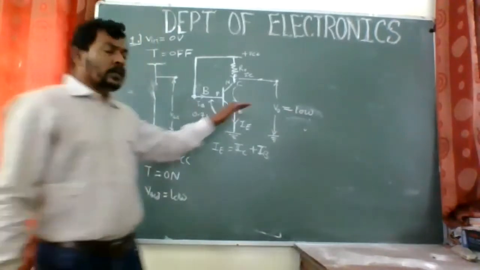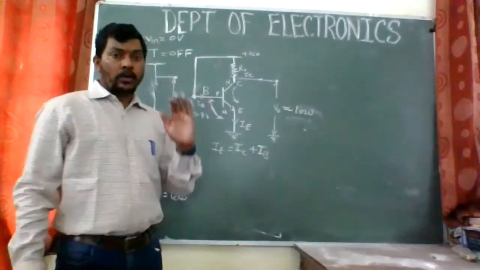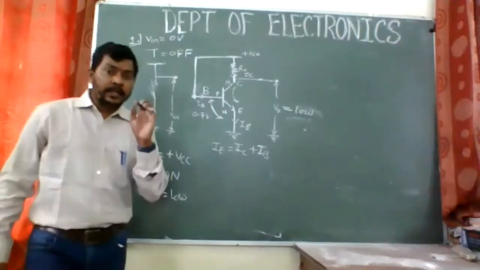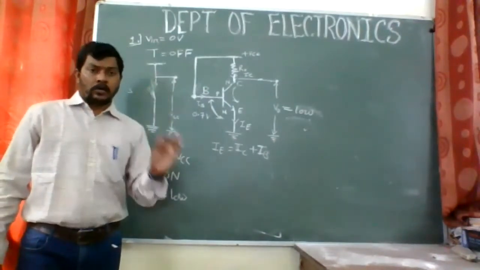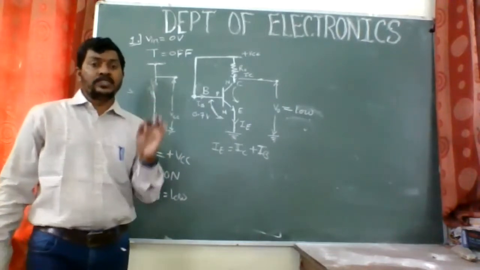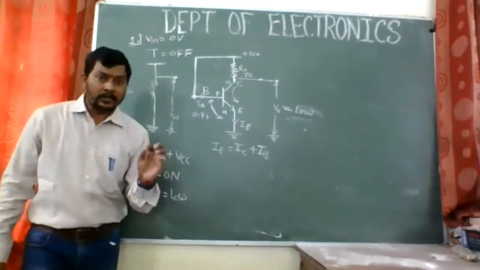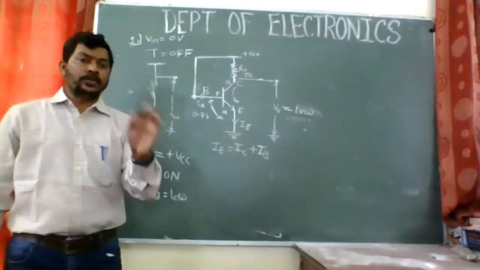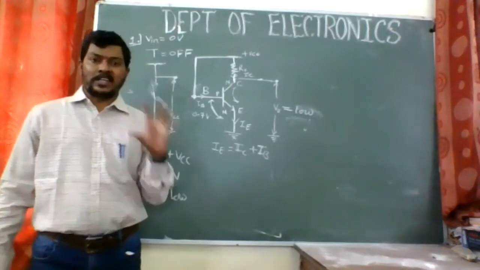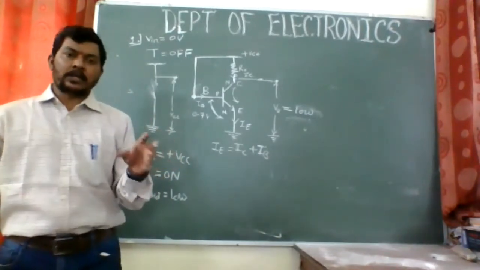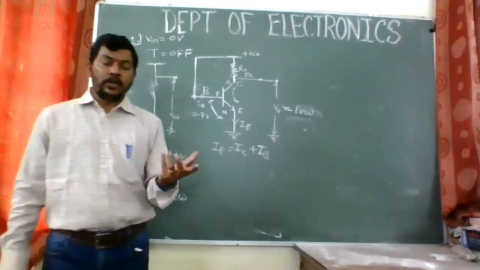Whenever you have to see whether a transistor is working or not, this is a point which I need to tell you in this class, because in the next class we are going to work on series pass circuits and shunt type regulator circuits.